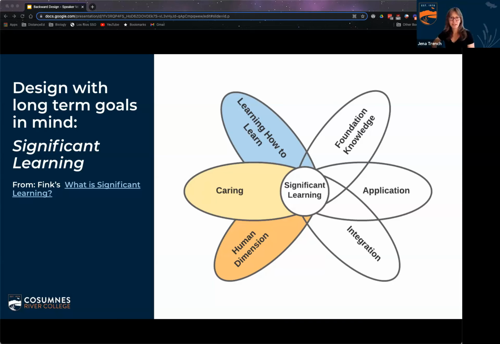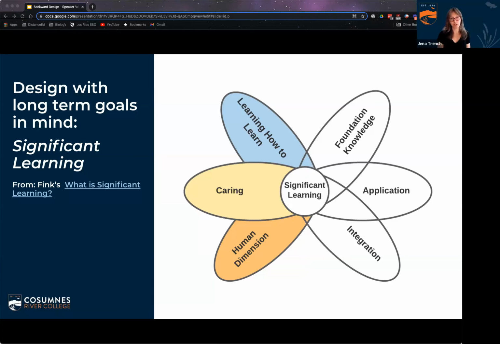Other components of significant learning that I think would help with backward design and course design in general are to think about facilitating learning that fosters engagement, so the students care about what they're learning. They can identify why they need to be learning that, the big "why am I learning this?" So fostering that caring for the content, and then also encouraging students to make connections between the content and themselves or other people.